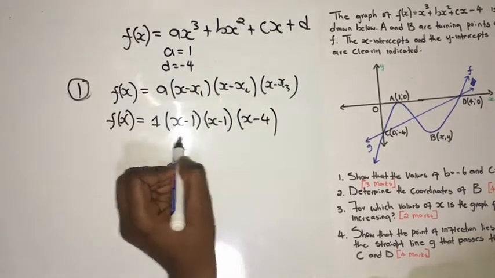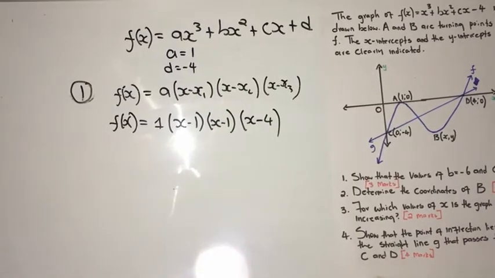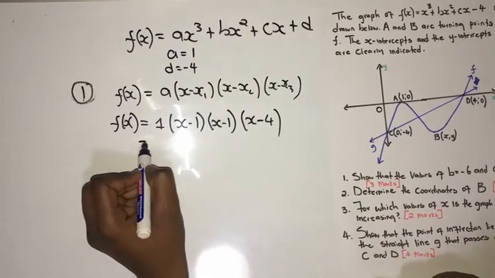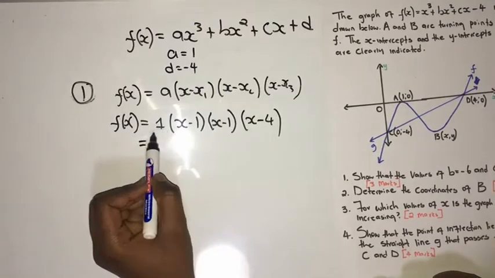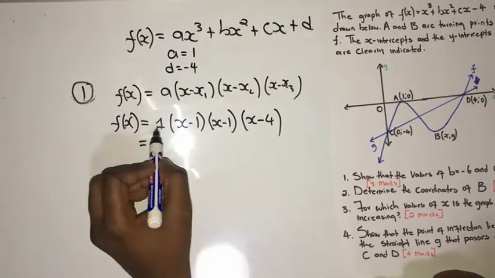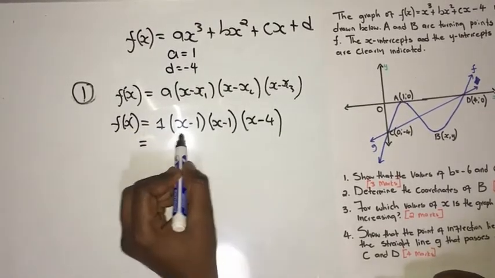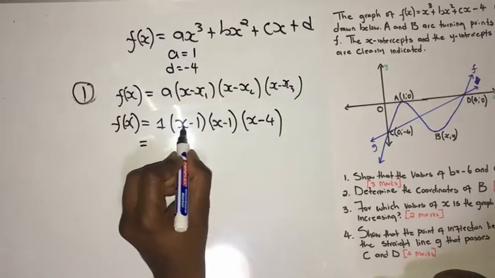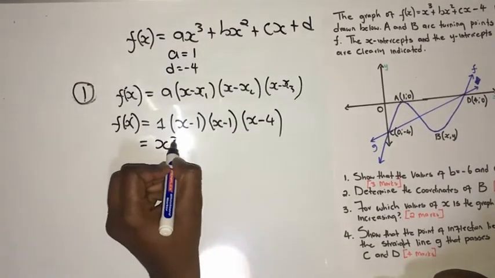So these are the repeated roots at a turning point there. Now we have to multiply everything out. The 1 doesn't make any difference here, so we'll multiply this one first. x multiplied by x will give x squared.